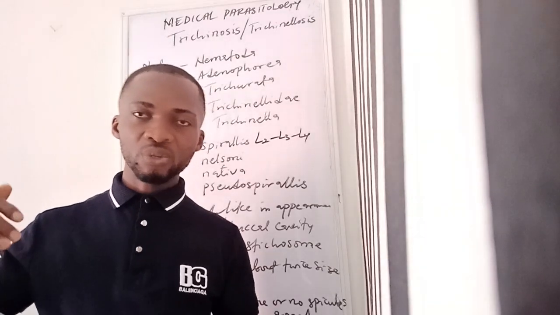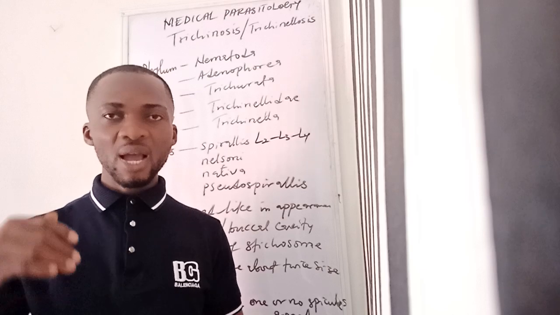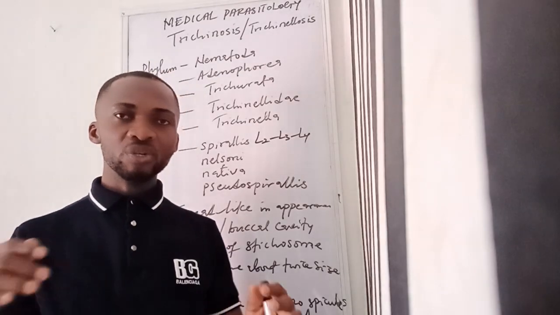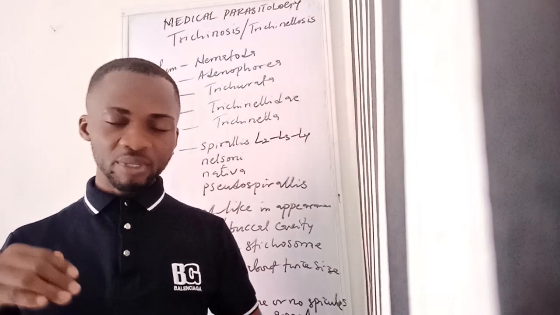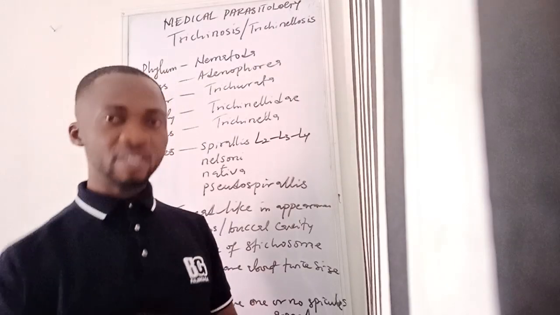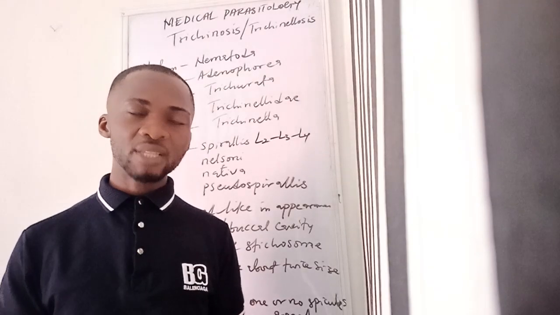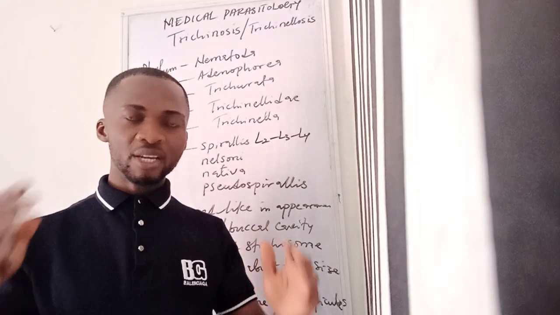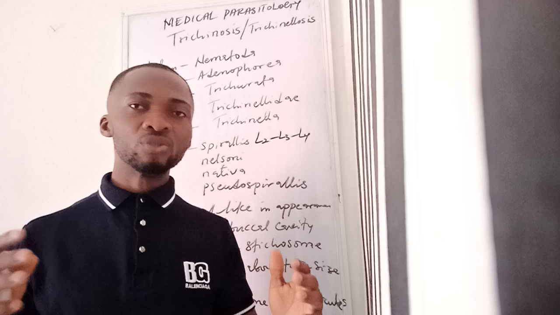Then what the parasite does is to invade the mucosa and the submucosa. Within this region of the small intestine, that is where they mature further into adults.